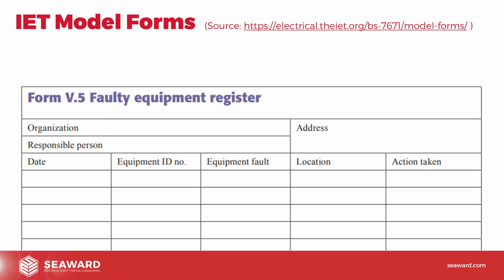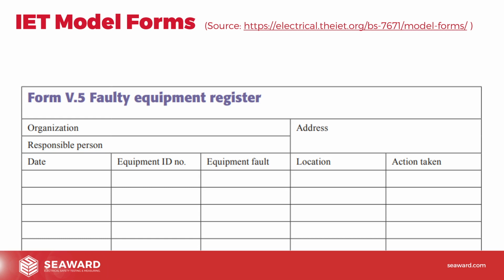Again, we've got organisation, responsible person, address, the date on which that equipment was reported as faulty, and you might want a time on there as well, potentially. Then equipment ID number, what the fault is, the location, and what action was taken. Where did you put it? Did you remove it from service? What have you done with it?